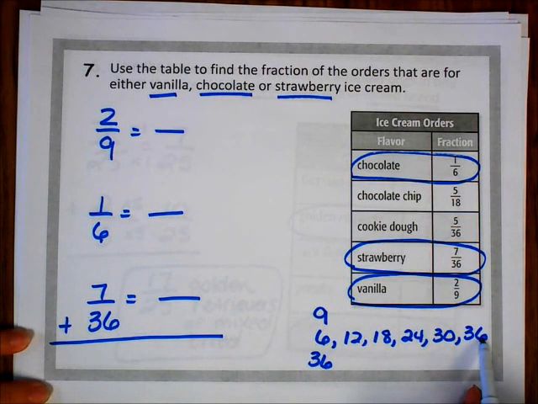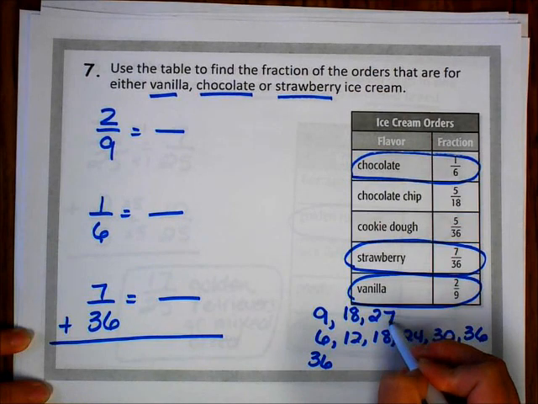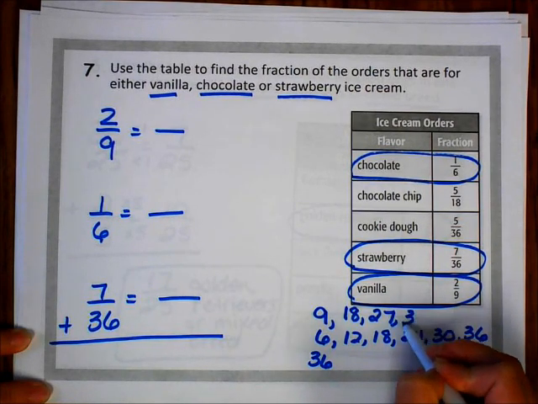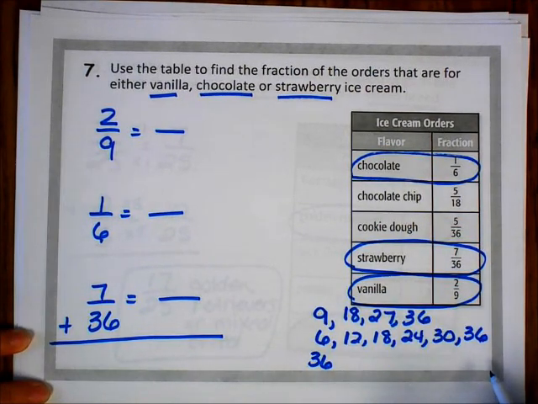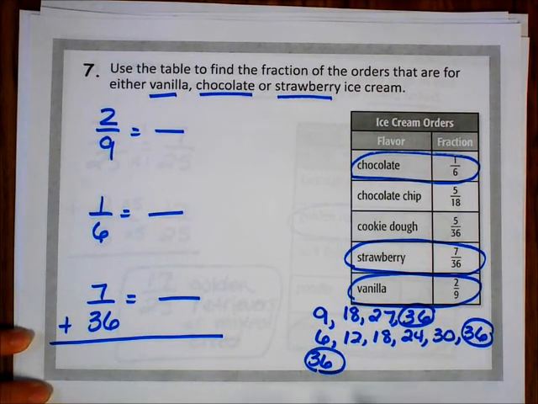I see that I have a 36 and a 36, so now I'm going to count by 9s to see if I can get to 36 also. So 9, 18, 27, 36. So my lowest common denominator for 9, 6, and 36 is 36.